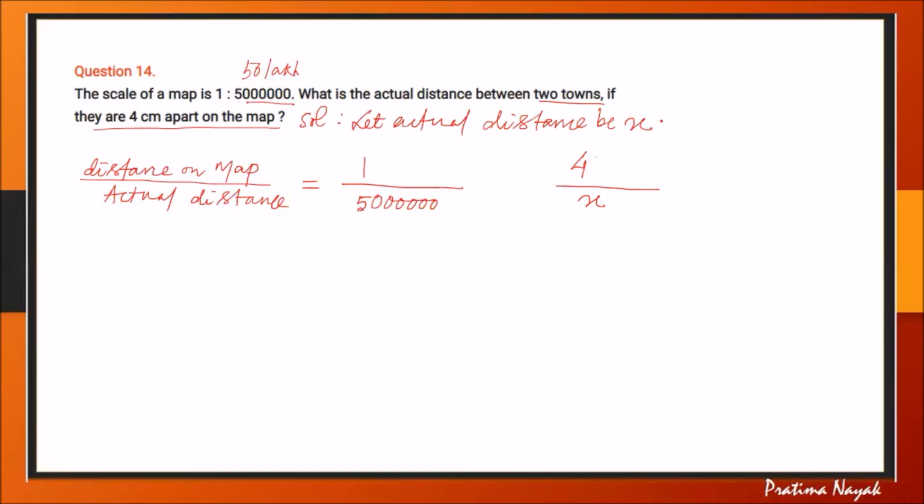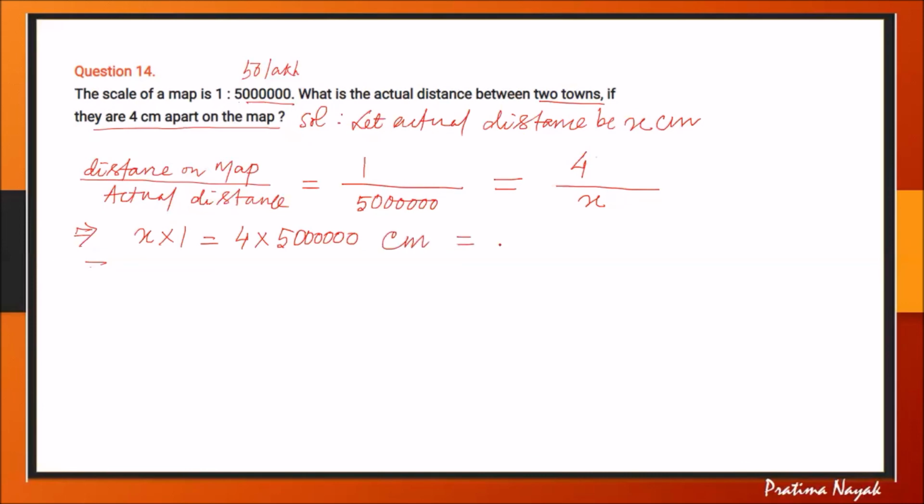Then the ratio 1 by 50 lakh is equal to 4 upon x. On cross multiplication, I'm getting x into 1 is equal to 4 into 50 lakh. This many centimeter.